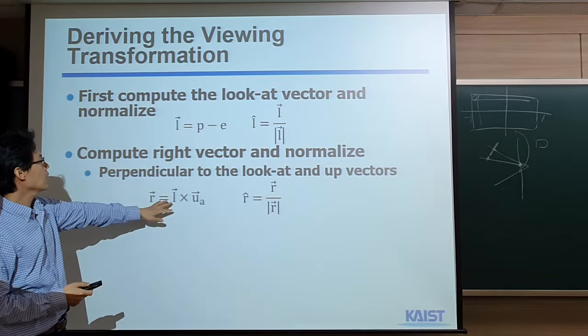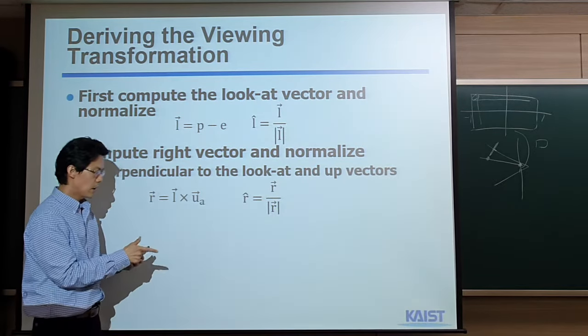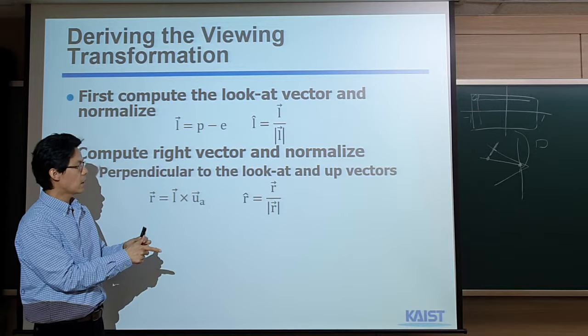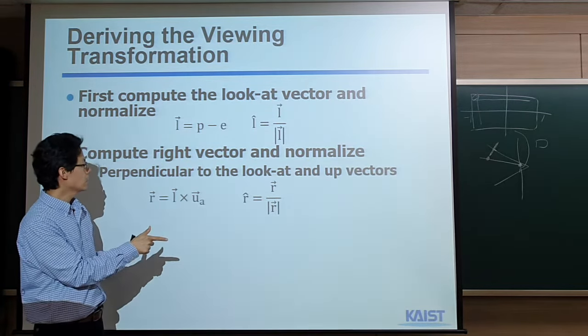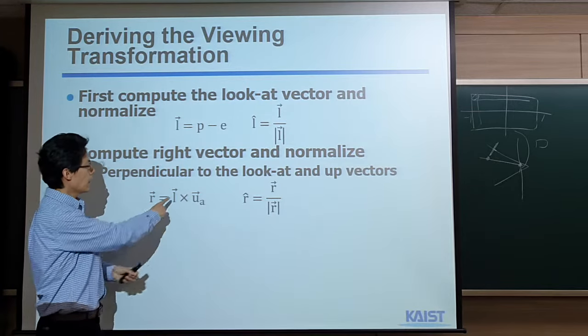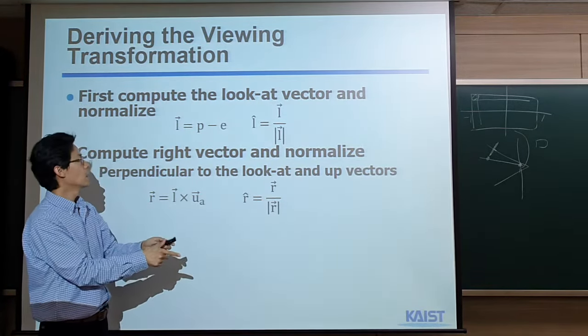So how can I do that? The right vector should be orthogonal to my up vector and also to the viewing direction, right? But I already know my look-at vector, the L vector, and I also know the up vector.